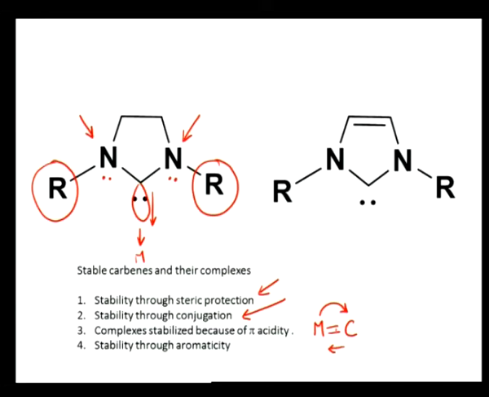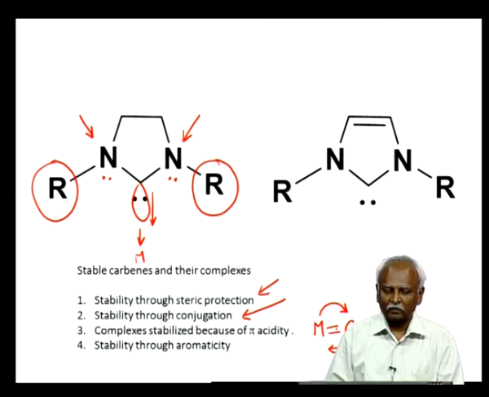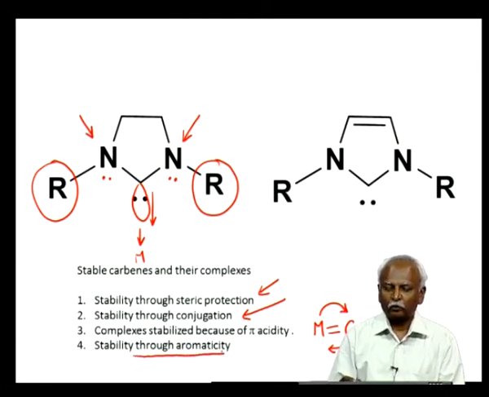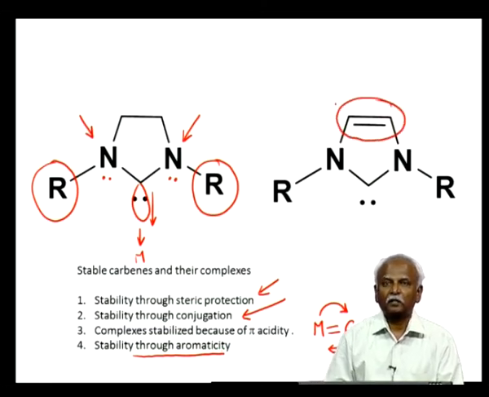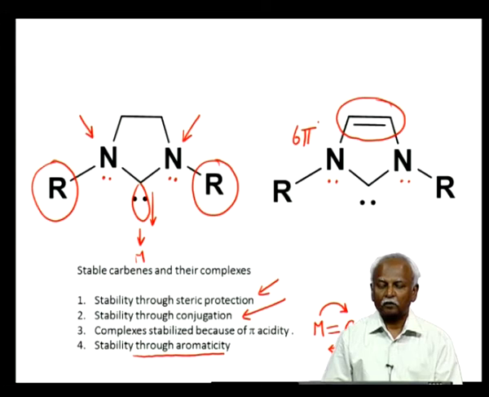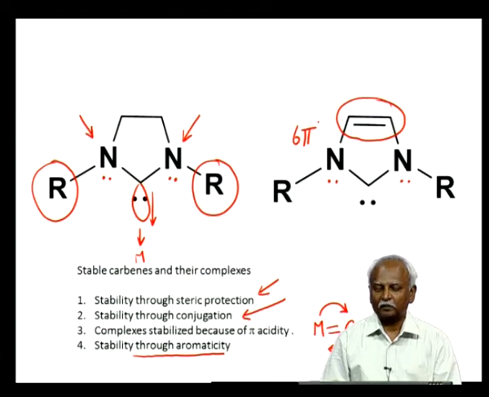So, we also encountered in the lecture on heterocyclic carbenes the fact that there can be stabilization through aromaticity. This stabilization through aromaticity comes about because if you have an extra pair of electrons as in a pi system which is in resonance with the two lone pairs on the nitrogen, then you have a total of 6 pi electrons, and these 6 pi electrons lead to an aromatic ring system, and it stabilizes the carbene to a great degree.